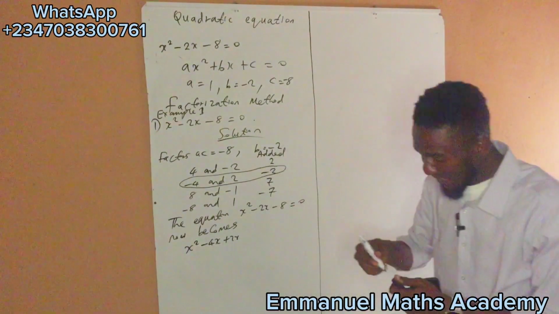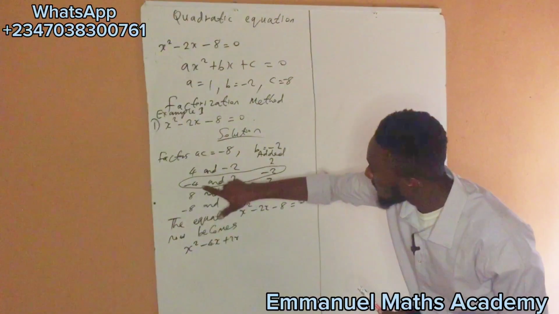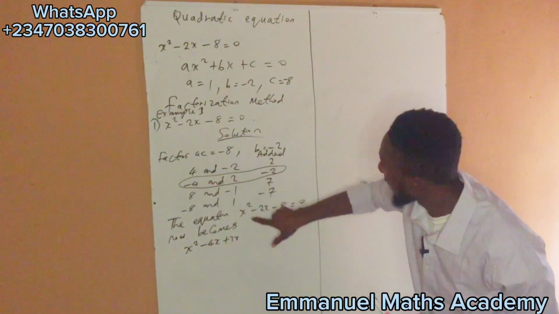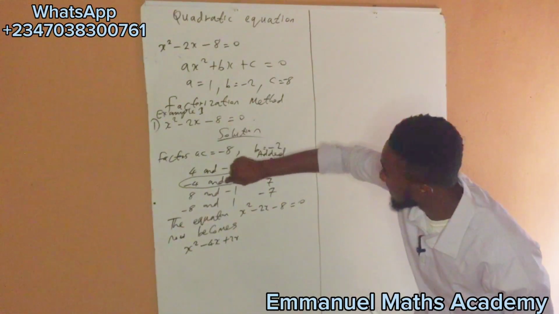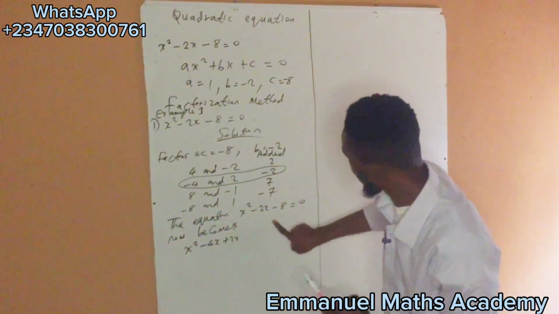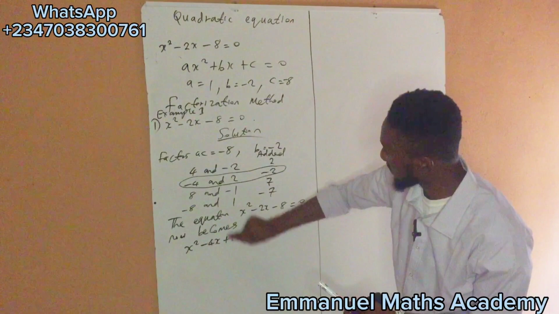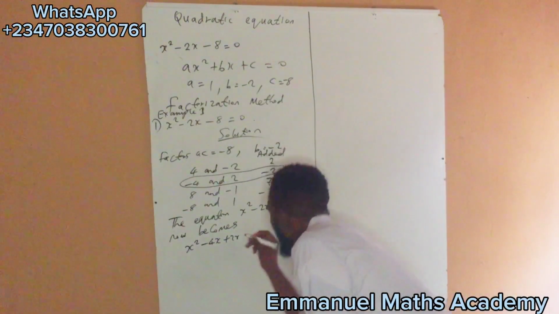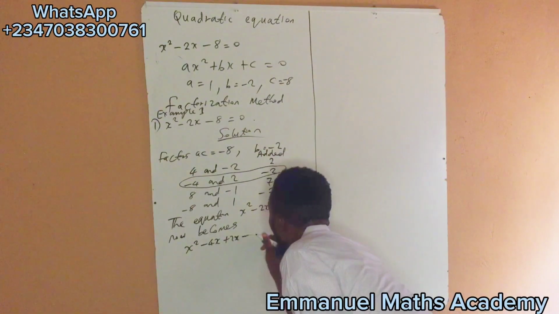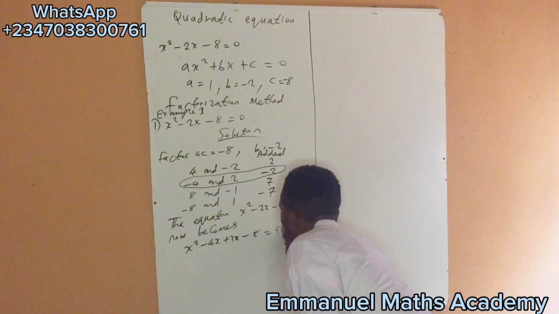Look at what we are doing. We are replacing our b with this. You're supposed to write minus 2x here, but we'll be replacing it with minus 4x plus 2x. So we have minus 8 equal to 0.